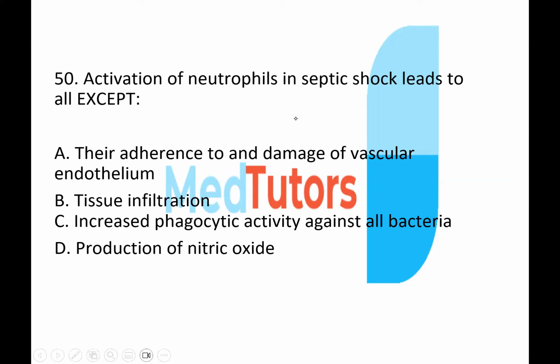You know, there are some bacteria that cannot be phagocytosed. So the answer here is C. Production of nitric oxide, that is correct.